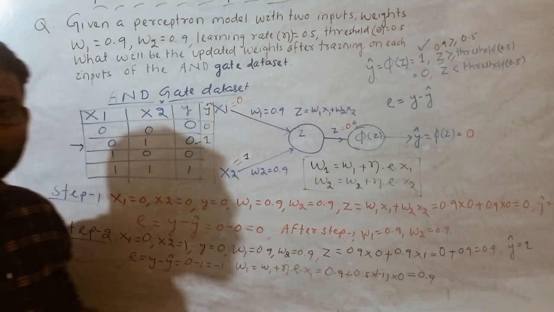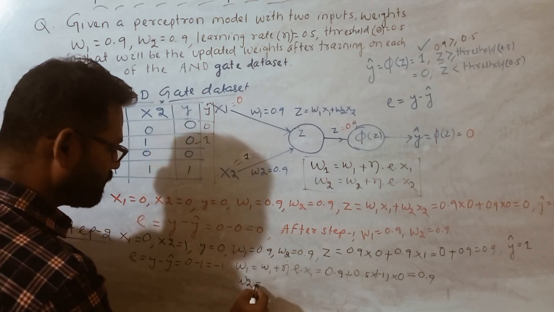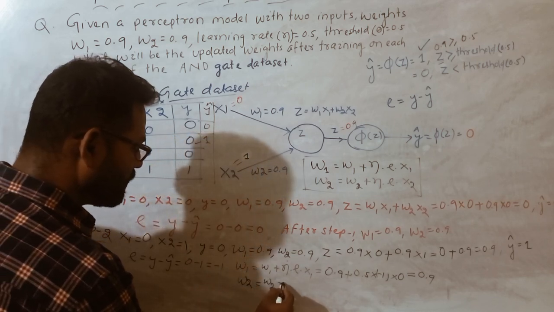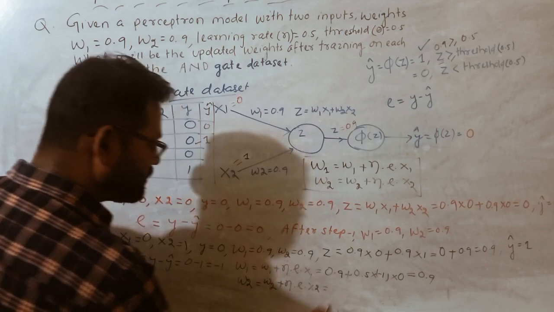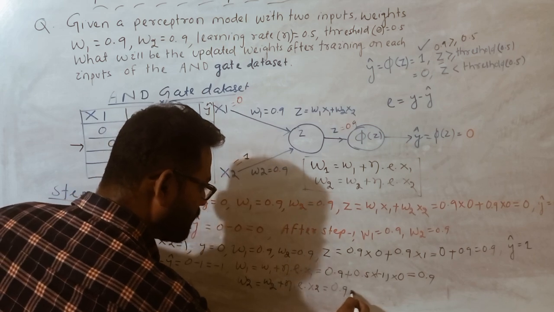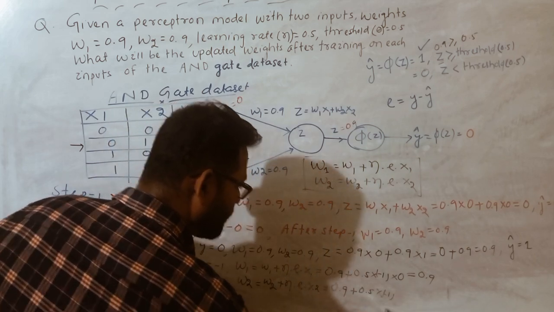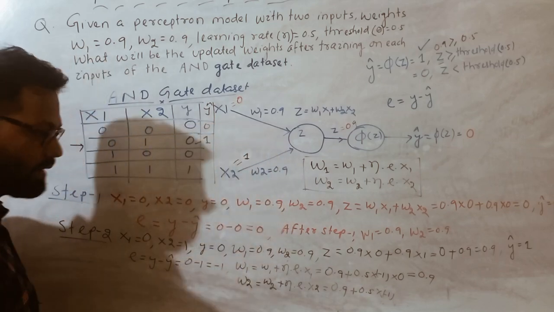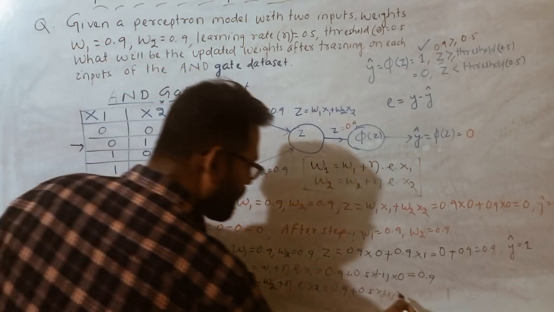Now let's find W2. Your W2 is equal to W2 plus eta into error into x2. What is W2 in the previous case? 0.9 plus 0.5, the learning rate, and minus 1 is my error, into input x2 equal to 1.